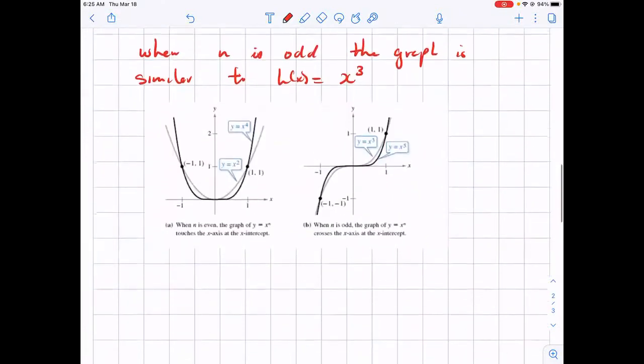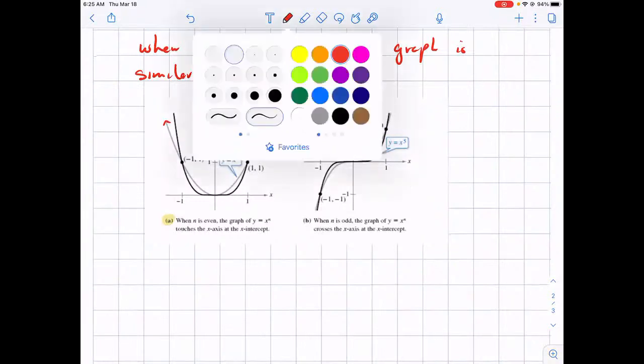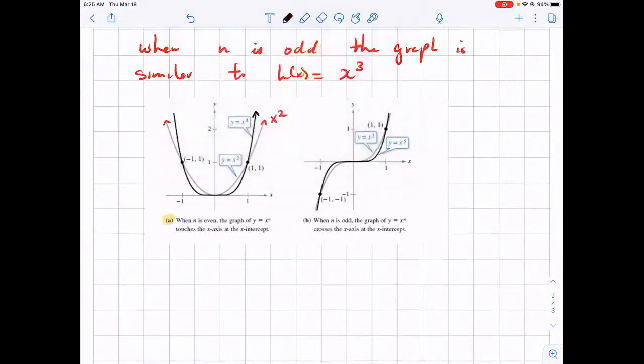You will see here in picture A, the light color graph is x squared. Remember, it is continuous, and the dark color graph is x to the fourth. Notice that they're very similar in shape.